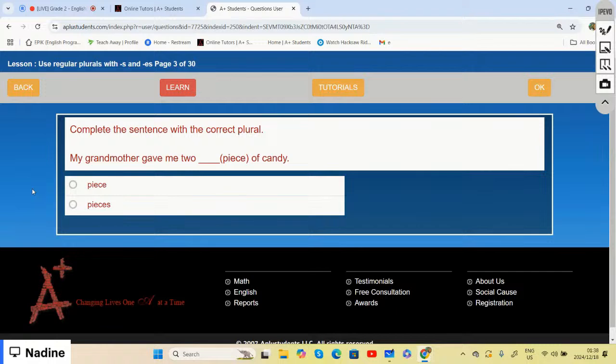Two piece or pieces of candy. So piece, option one, or pieces, option two.